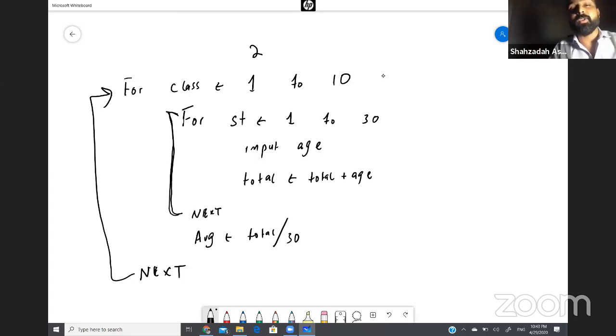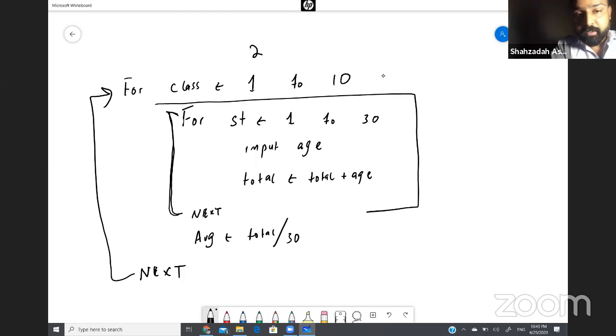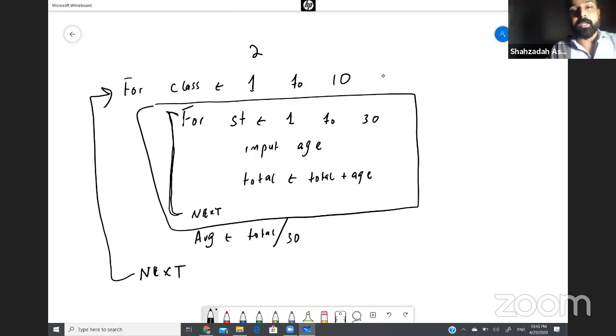This is how you can have this program being executed 10 times. So this is how we can talk about nested loops when you have one loop inside another loop. So that is the concept of the nested loop.